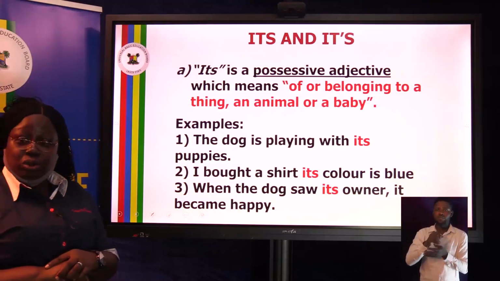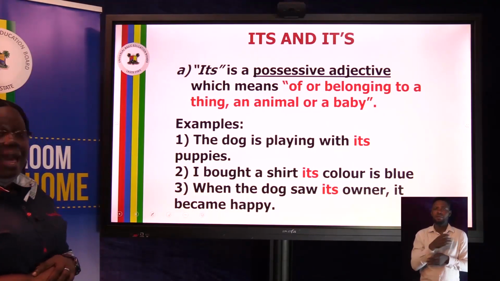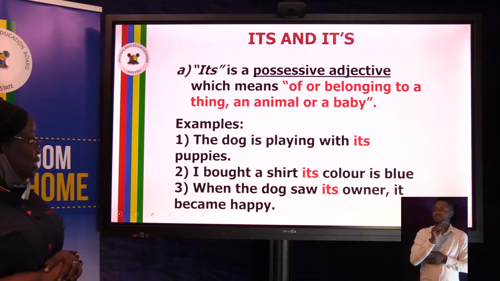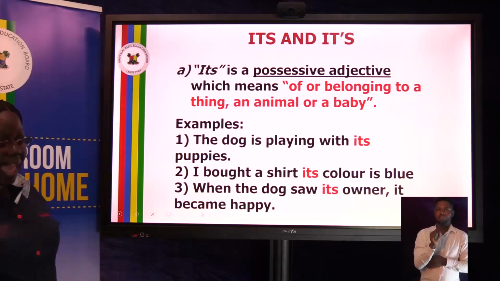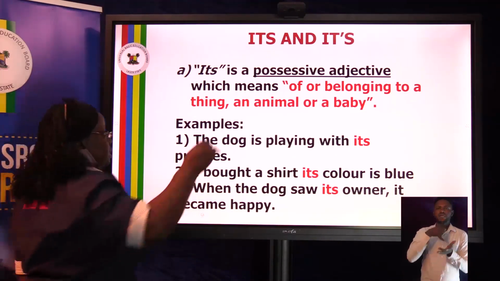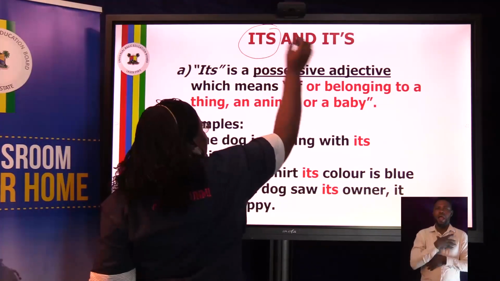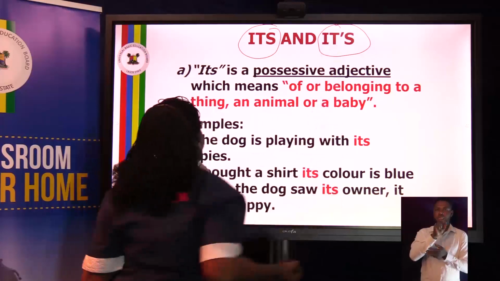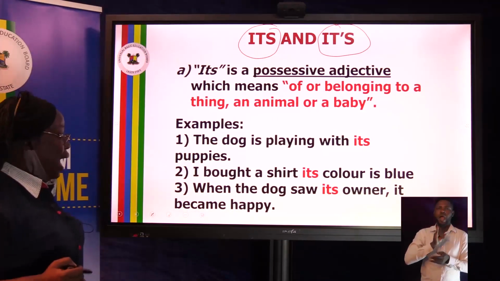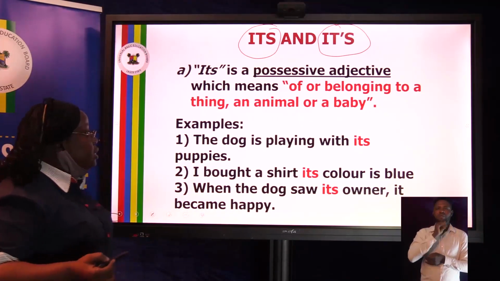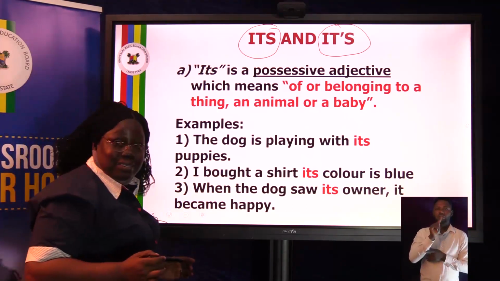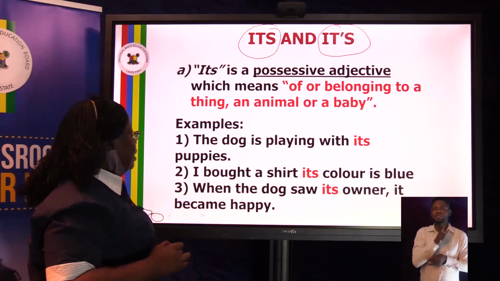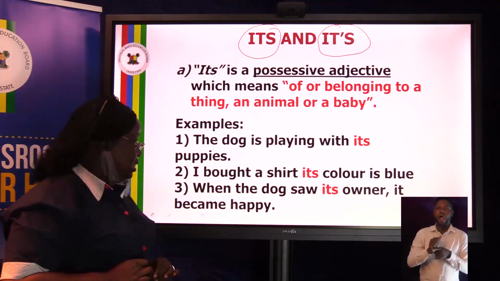Another confusing word, its and it's. I-T-S and I-T apostrophe S. Its and it's. I-T-S is a possessive adjective.